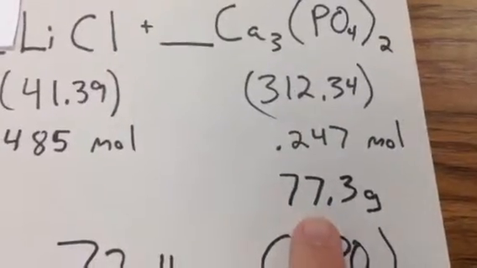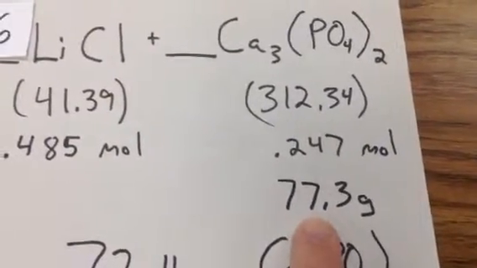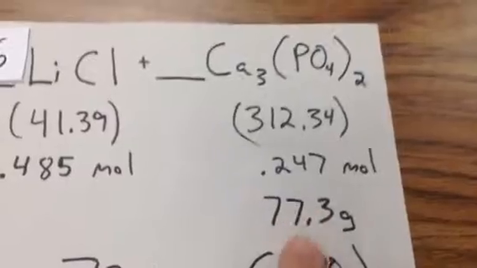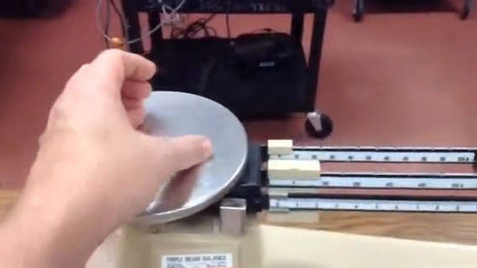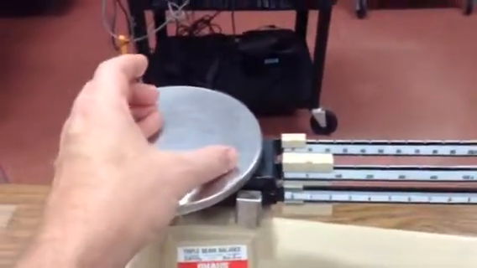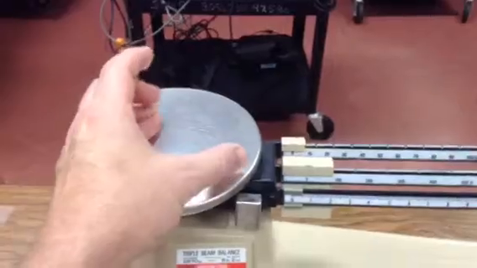Okay, so if I did everything exactly perfect in a perfect world, I should have 72.3 grams of stuff. So if I weighed it in the laboratory, it would weigh 72.3 grams. That's the ideal, perfect situation.